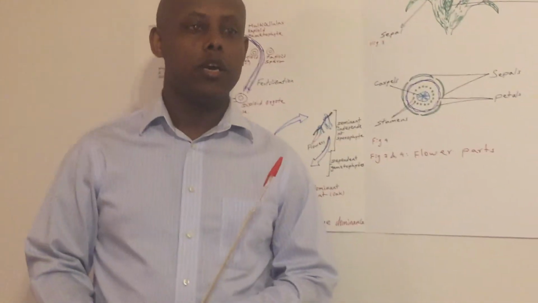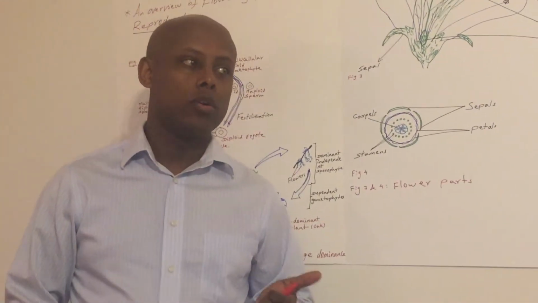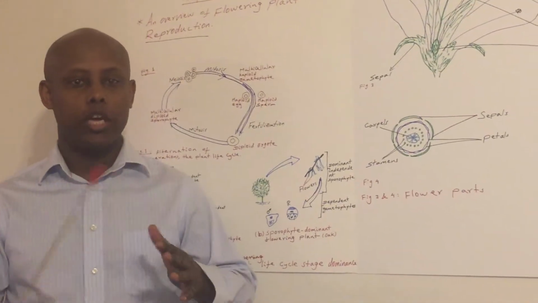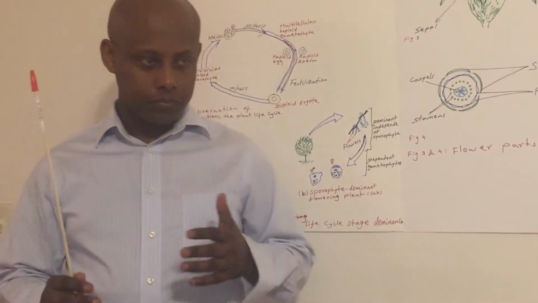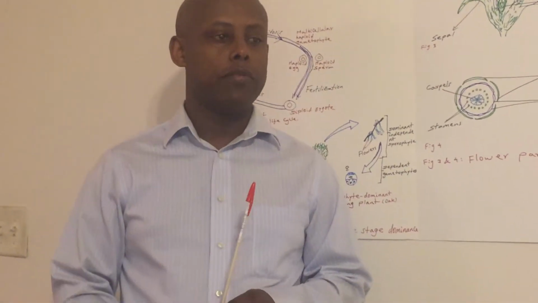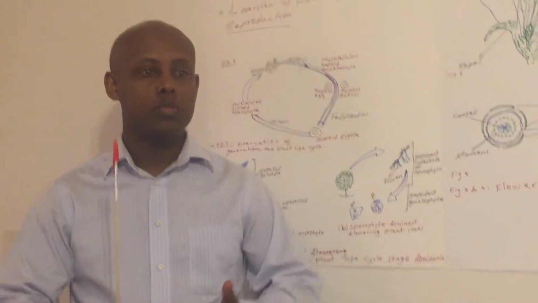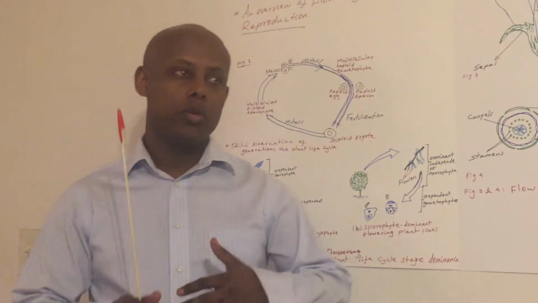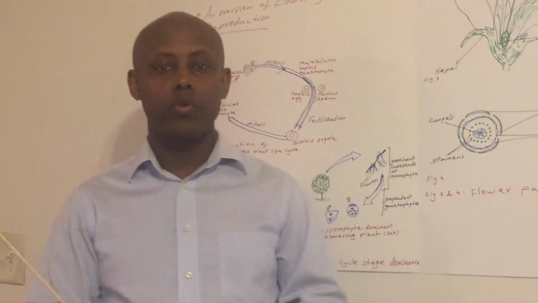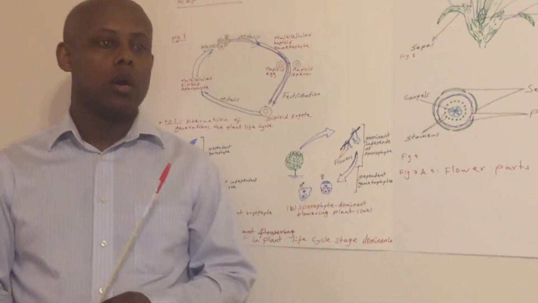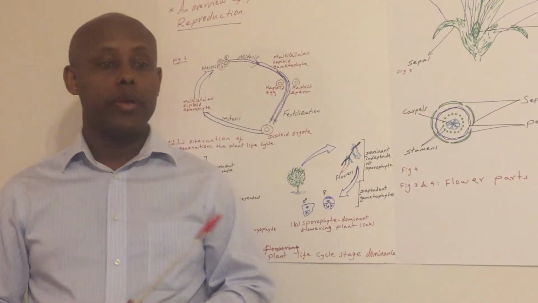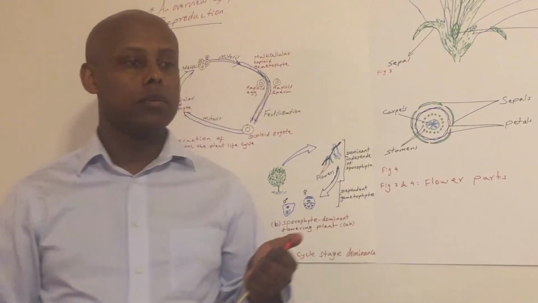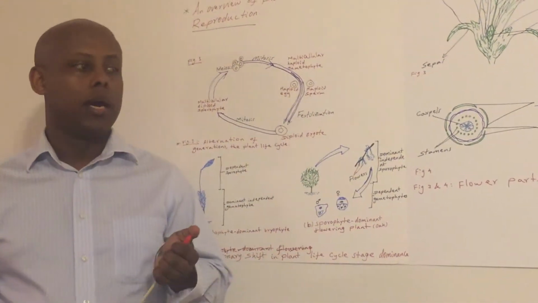A young dicot embryo looks heart-shaped as the two embryonic leaves, the cotyledons, develop. An embryo assumes a torpedo shape as the embryonic root forms. The monocot embryo produces only a single cotyledon.